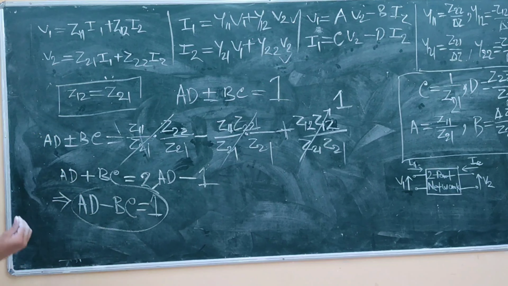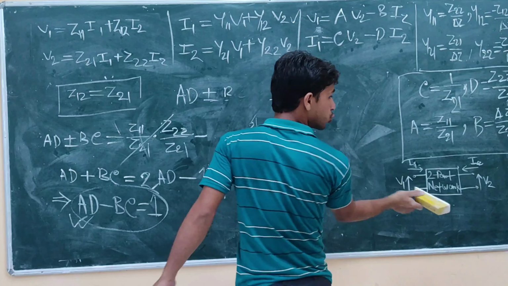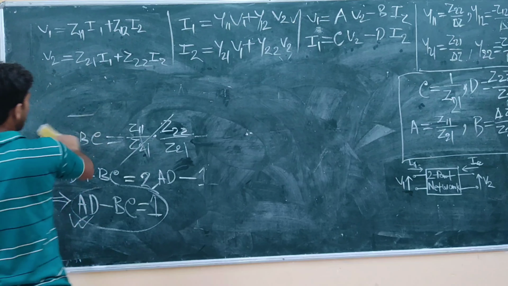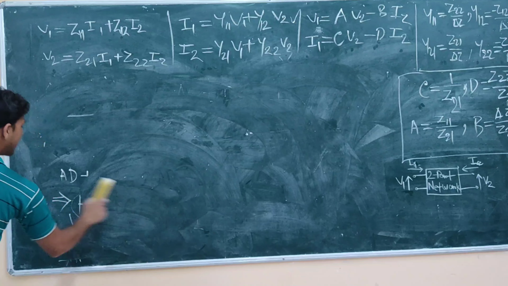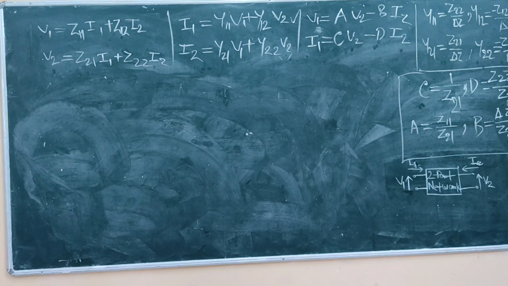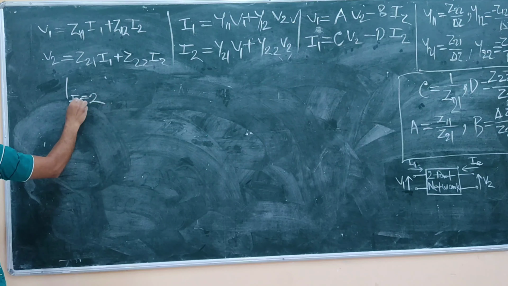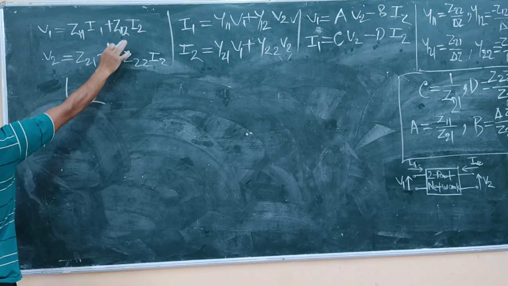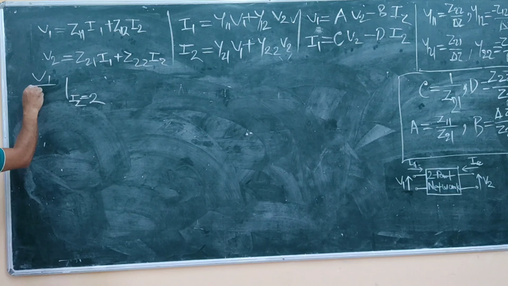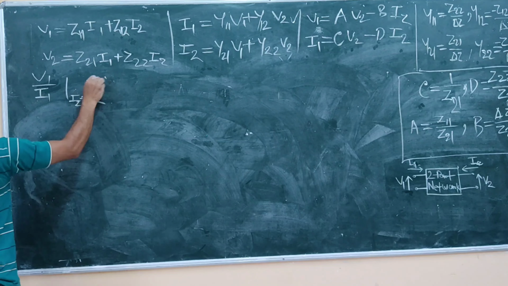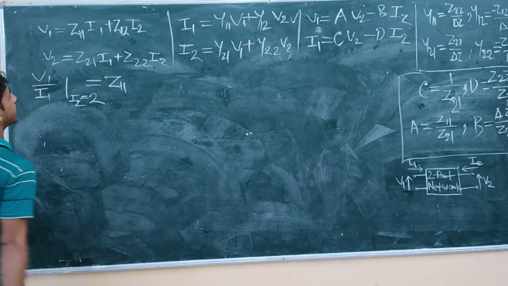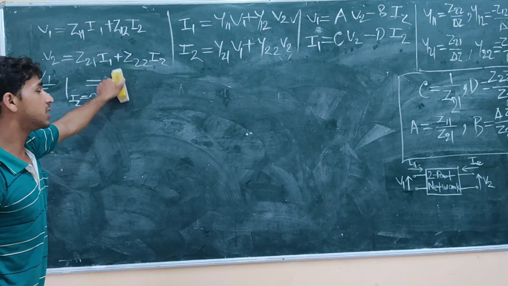Now there are some open and short circuit conditions in this two-port network. What are those? Those are when our current or voltage gets 0. If your current I2 equals 0, from this equation we can write V1 divided by I1 equals Z11. Sorry, this is not Z11.